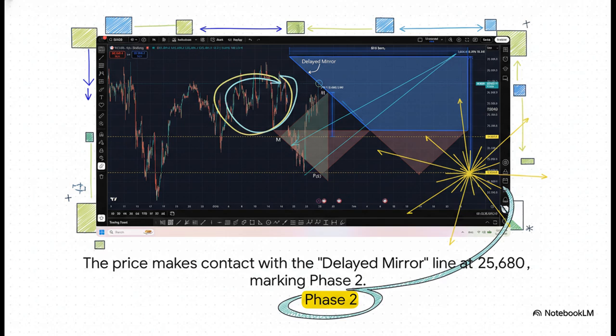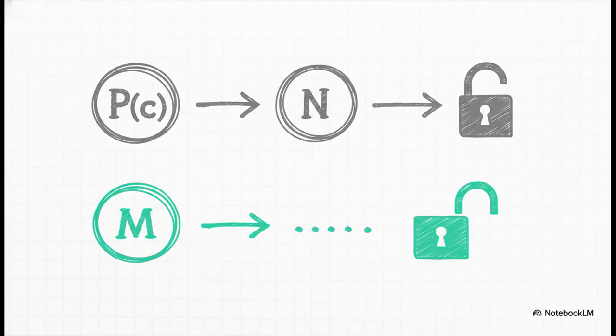This specific event, happening at a price of 25,680, is what marks the official start of Phase 2. So, what's the current status of the trade? Well, the documentation clarifies that the second position, the one entered at PC, was closed out during that end-level event. However, the first position, which was opened at the primary entry M, is still open.